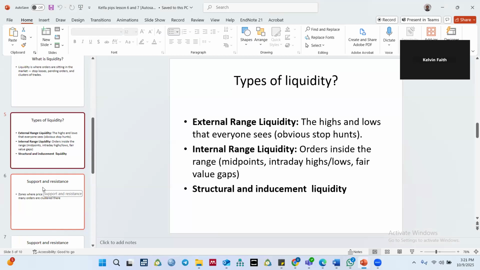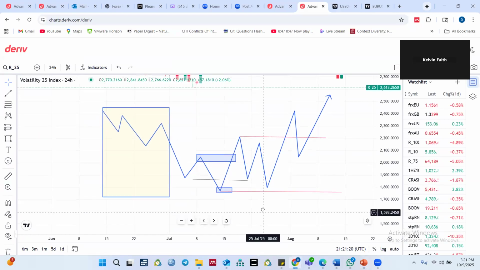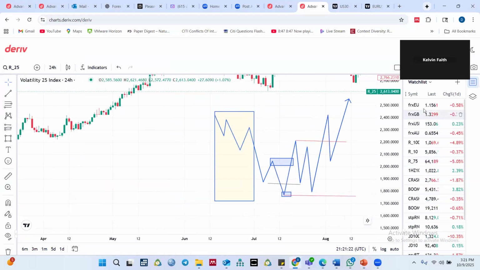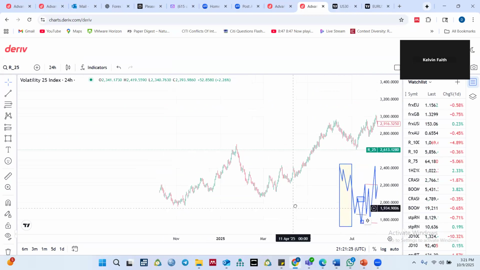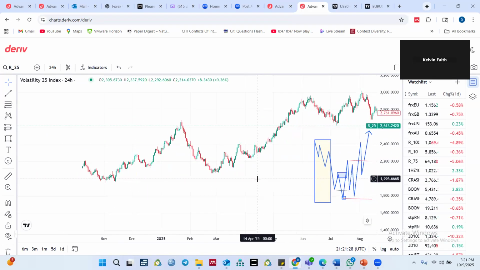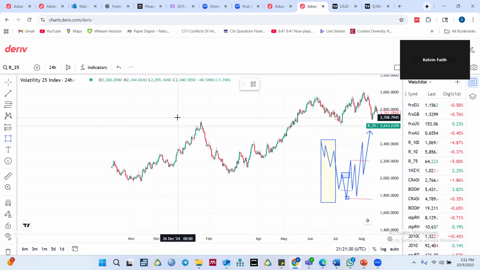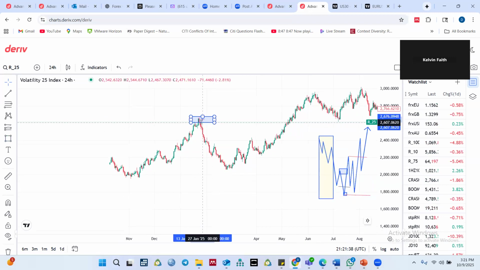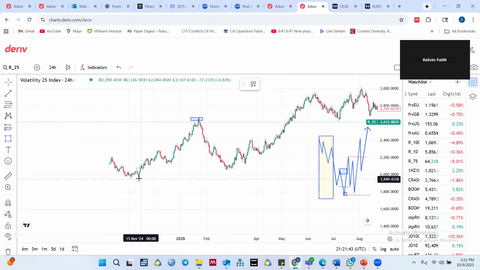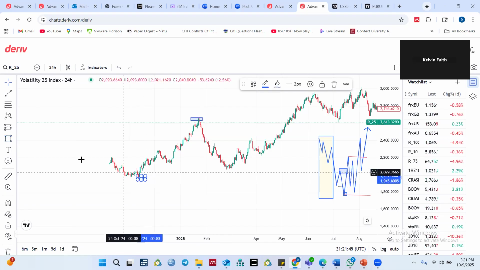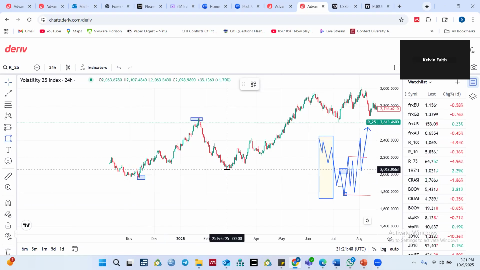This is a little bit complex to understand, but the most basic one you can get is this: when you see any chart, all the high points and the low points that you see on the chart, just note those places as points of external liquidity, like here. This high point, the highest point, and the lowest point, like here. Note those places down as external liquidity points.